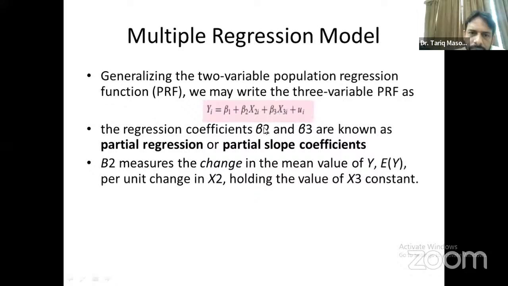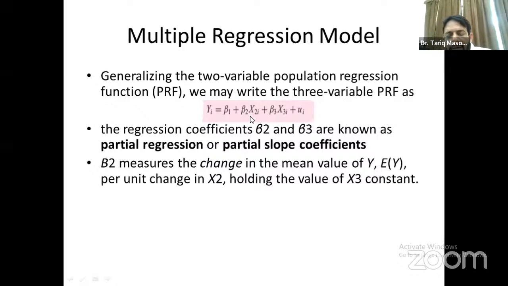Okay, so in this function, beta 2 and beta 3 are basically the partial slope coefficients. Interpretation is the same as in the case of the simple model. Here there is a little difference. Partial means beta 2 is the change in y for a 1 unit change in x2, keeping x3 constant. Now this is very important.